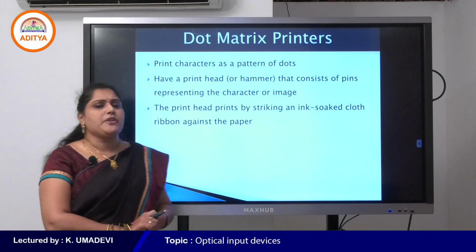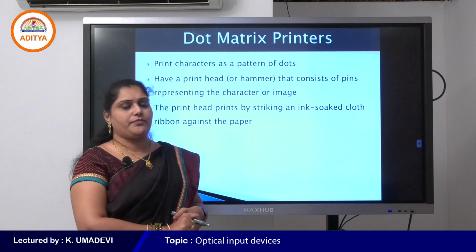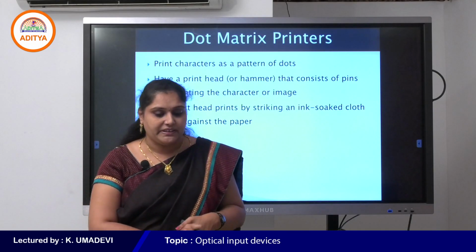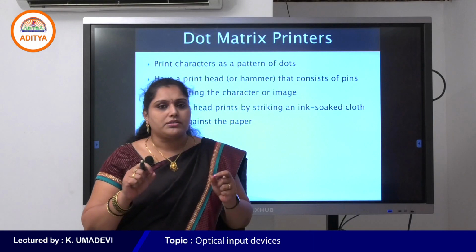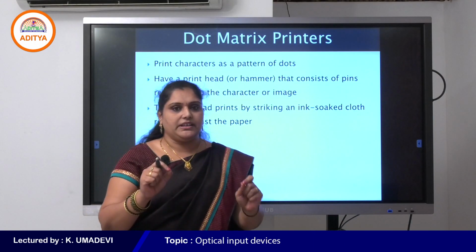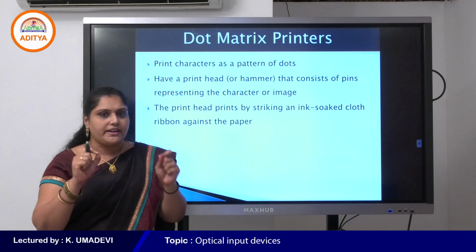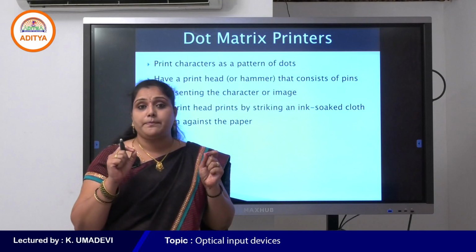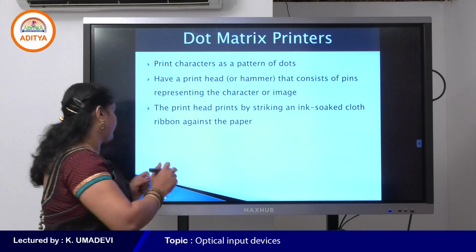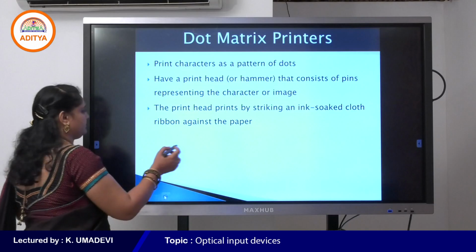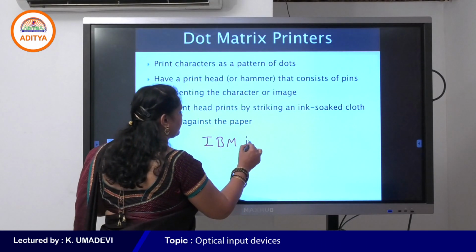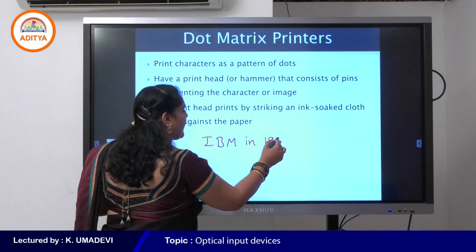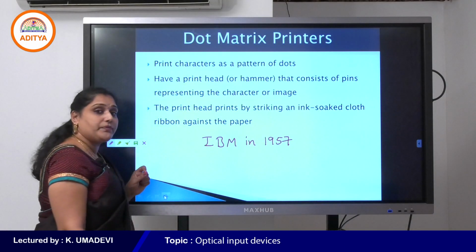So these are the advantages and disadvantages of impact printers. What are the different types of impact printers available? The first one is the dot matrix printer. Why is this printer called dot matrix? The first dot matrix printer was developed by IBM in 1957.